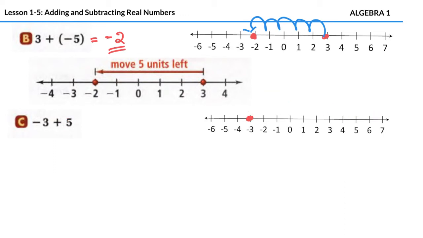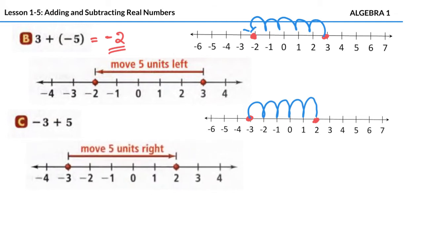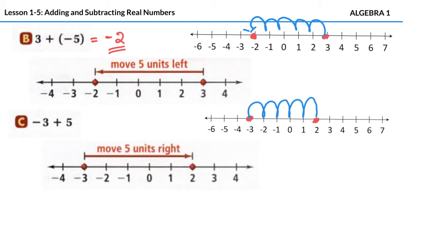So from negative 3, we move 5 units right. 1, 2, 3, 4, 5, and we land up at 2. So the answer for negative 3 plus 5 is going to be 2. Great.